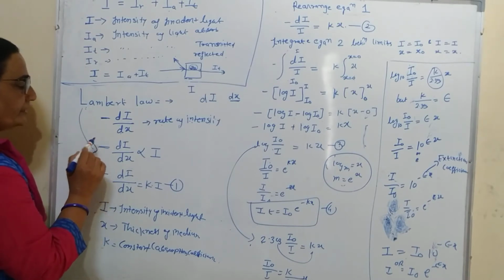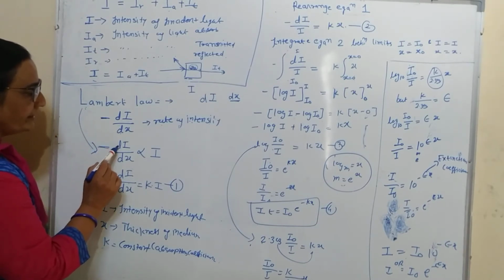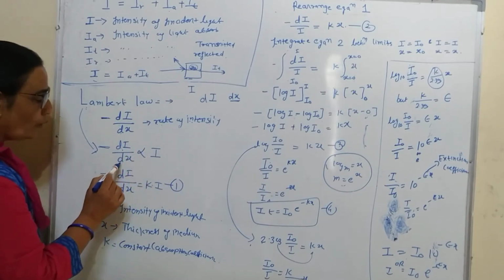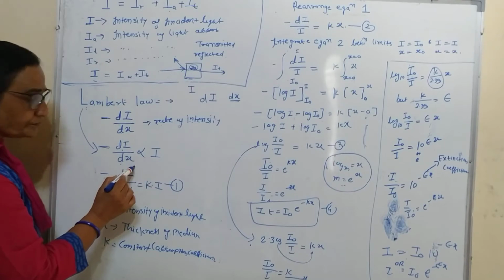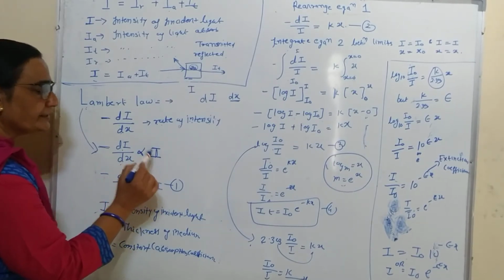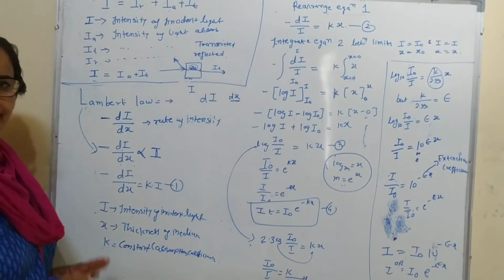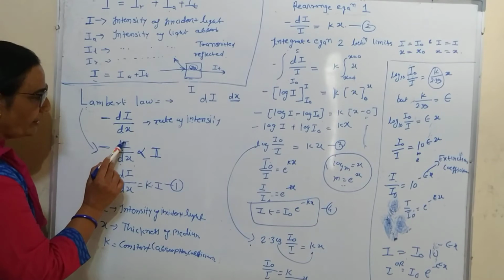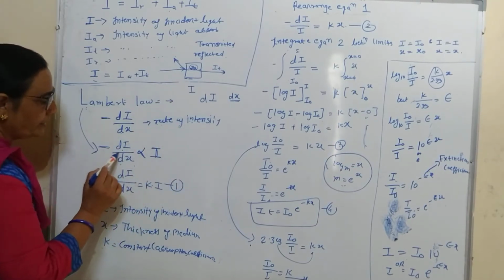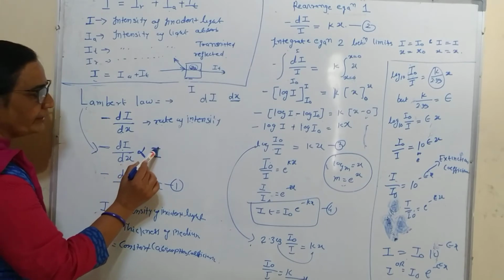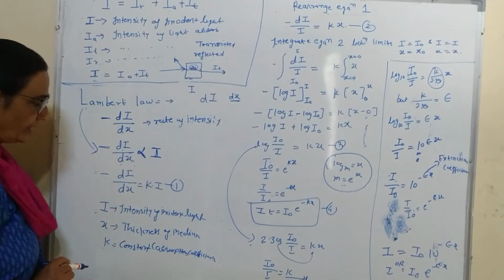The Lambert law states that decrease in intensity of an incident light with thickness is directly proportional to intensity of an incident light. Clear it? Rate of decrease in intensity of a light radiation with thickness is directly proportional to intensity of an incident light.